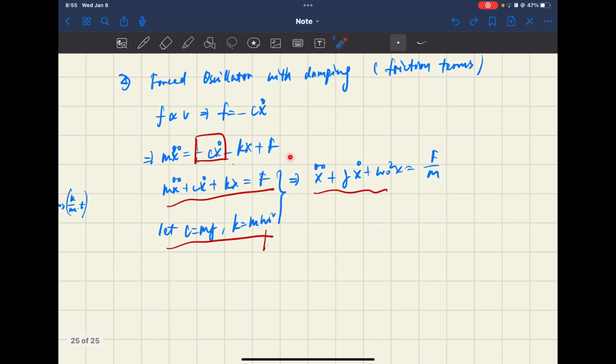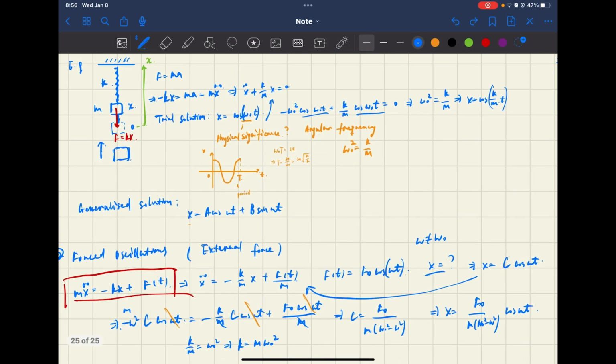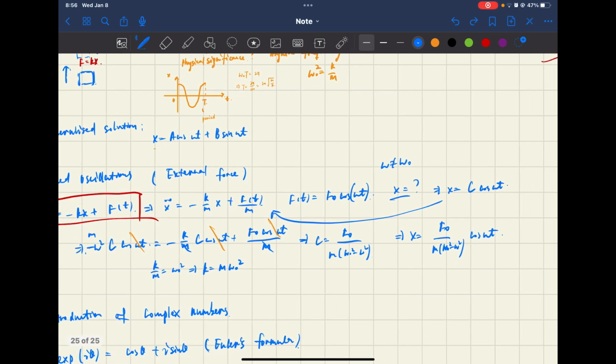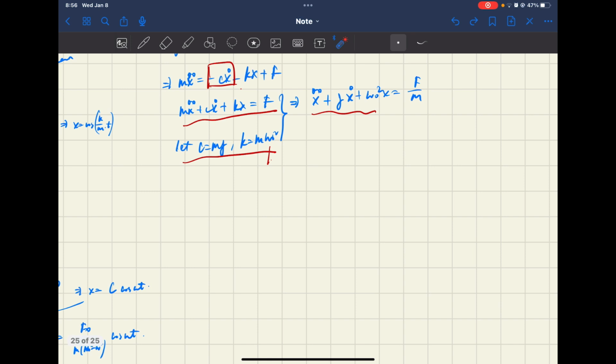Okay, now we modify the equation once more. We add this term to the equation, negative c times x dot. So now we have both the second derivative and the first derivative. If we are still using the first kind of method over here, we have f equal to f0 cosine omega t, and we have x as cosine of omega t plus theta.